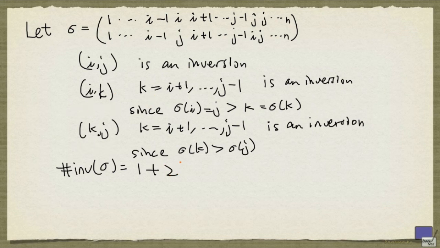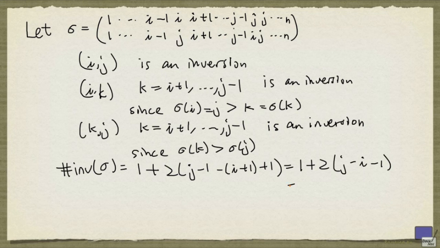So this is 2 times (j minus 1 minus (i plus 1) plus 1), plus 1. And if you simplify this, you'll get 1 plus 2(j minus i minus 1), which is 2 times (j minus i) minus 1. And this number is always odd.